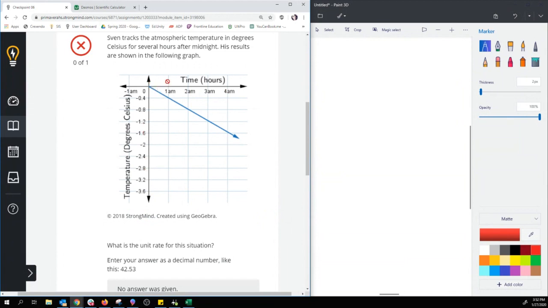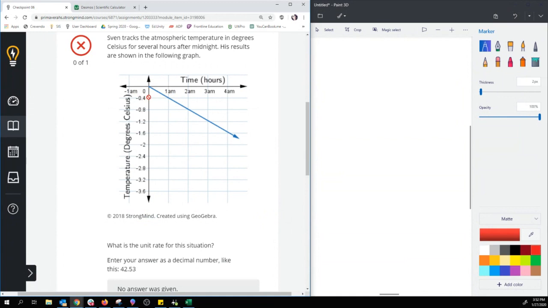So I still want to have a 1 in my x. So wherever x is 1, which is right here, instead of going up to find where it touches my line, I'm just going to go down because my line is going down. So if I go down to where 1 touches my line, my graph, and I go all the way to my y-axis, what number do I end up at?